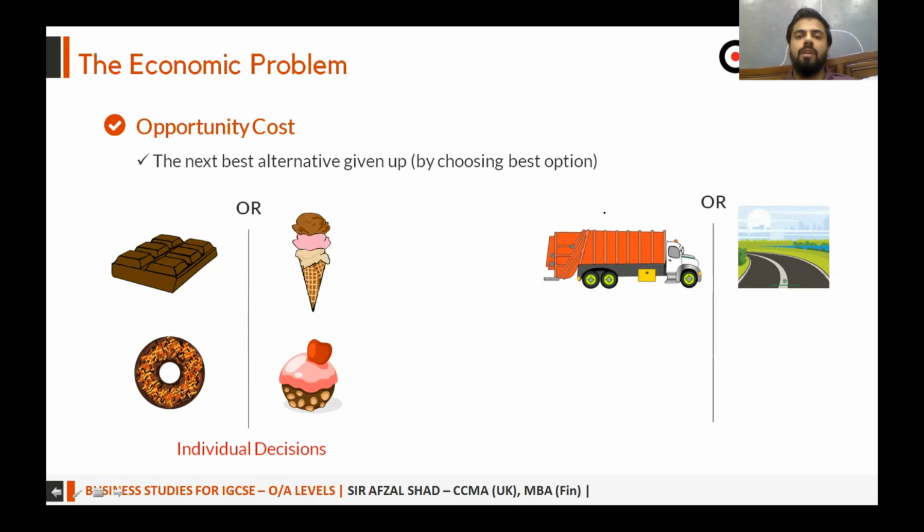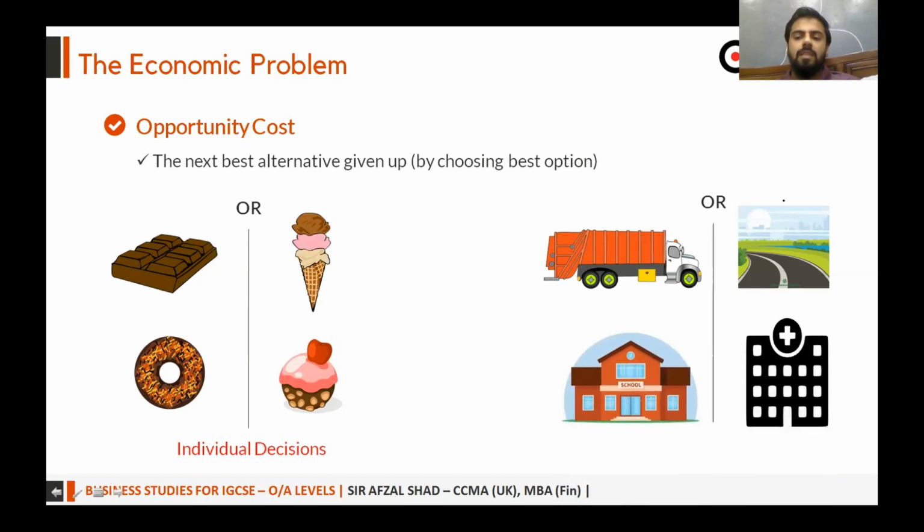So you have the latest high-tech machinery to clean your environment. If you have chosen this truck over building a road, that means you have chosen the truck but sacrificed the road. That sacrifice is called the opportunity cost.